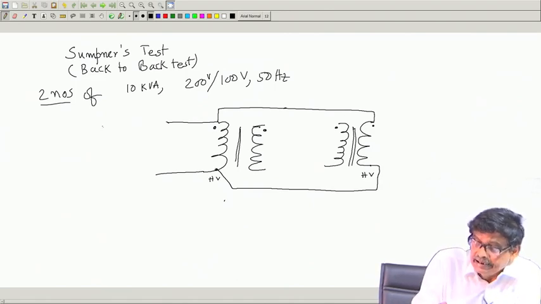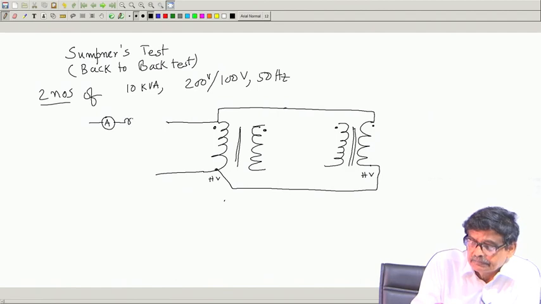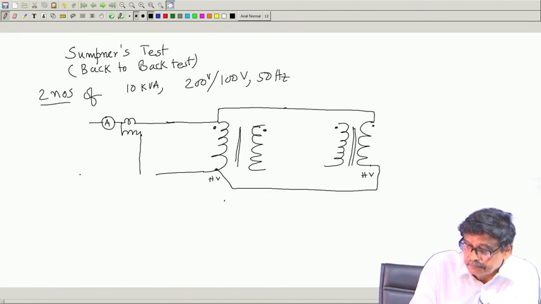And then on this side you connect an ammeter and a wattmeter. Very interesting test. And apply rated voltage.